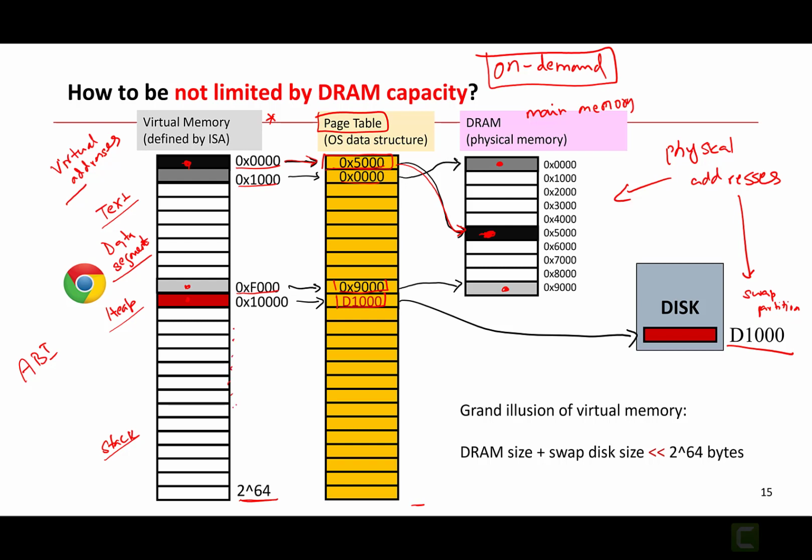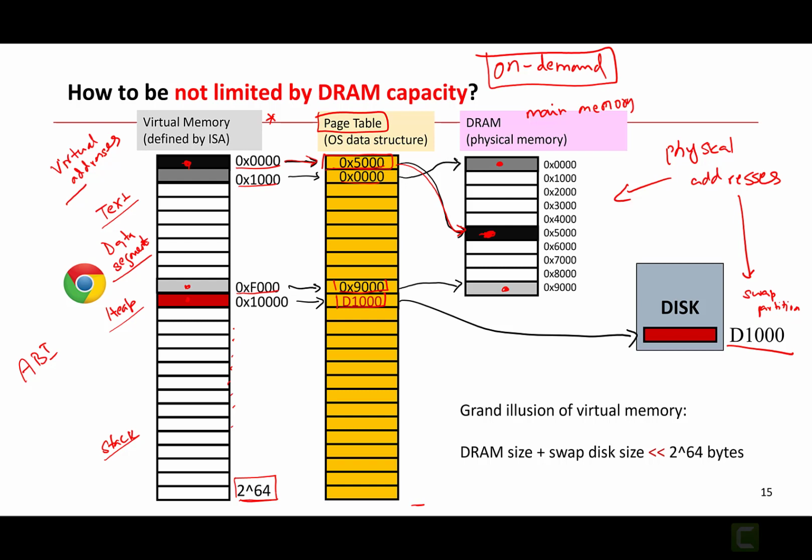If you keep asking for more and more space, would it be possible to allocate the maximum space that you may ever want to ask, which is 2 to the power 64, somewhere in your system? And the answer is no.